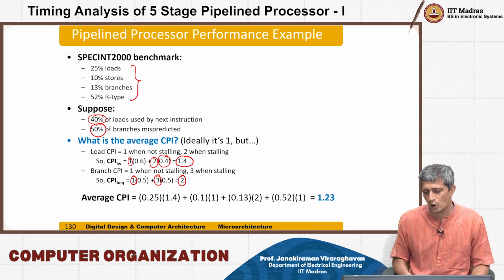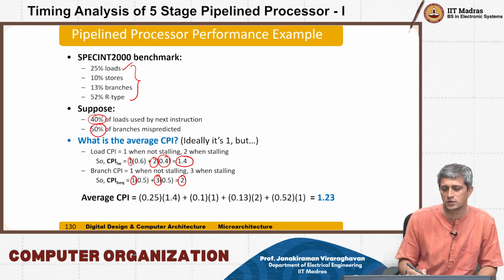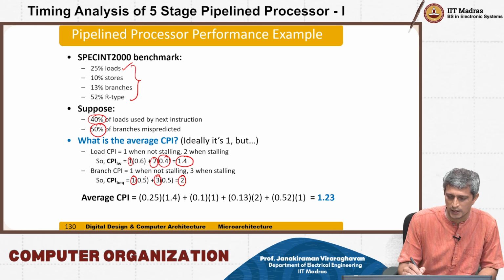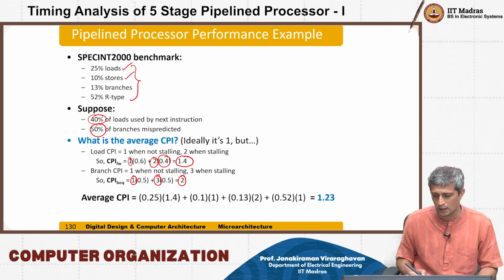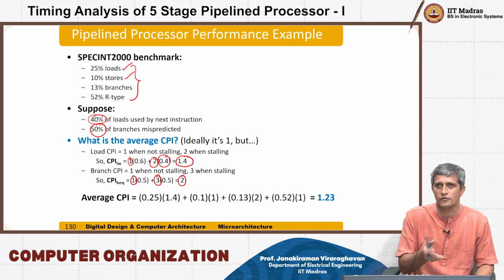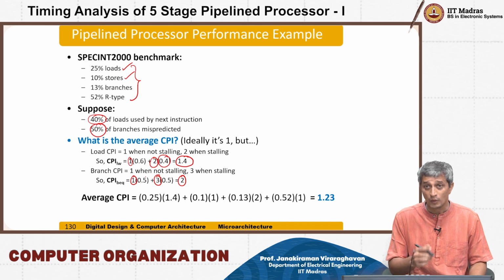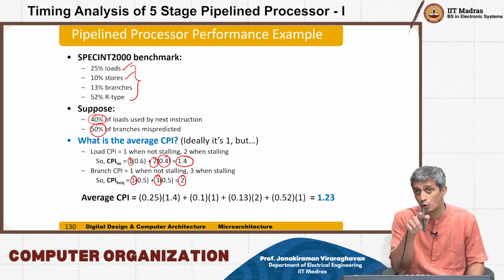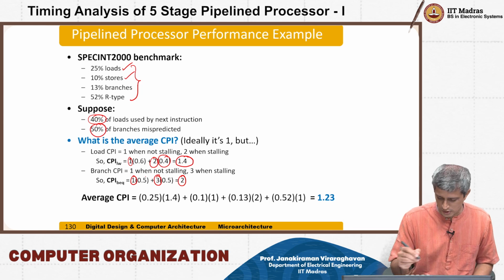So I am saying 0.25 into the load, which is 1.4. Then I am saying 10% stores, and all other instructions basically just take 1 clock cycle. R type and all basically takes 1 clock cycle because of the register forwarding unit that we have put in there. Otherwise that also could take more cycles, by the way. So 13% branches.